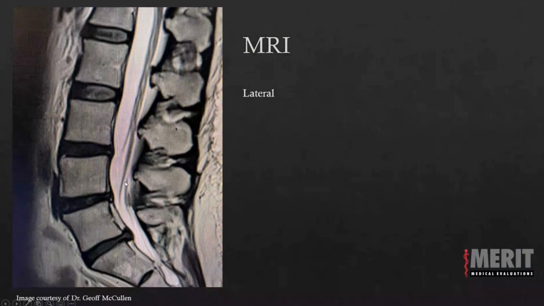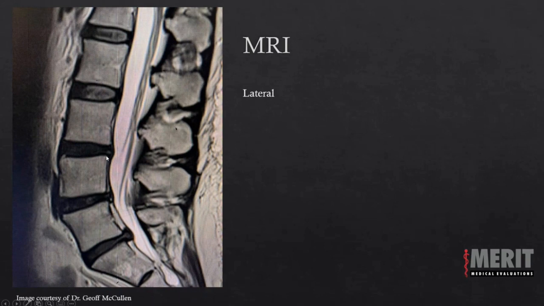So you can actually see some very spaghetti noodle type nerves as they're coming in a fluid-filled space. This fluid is what's called the cerebrospinal fluid. And behind that, you see the spinous processes here.